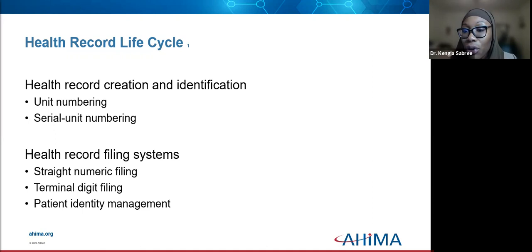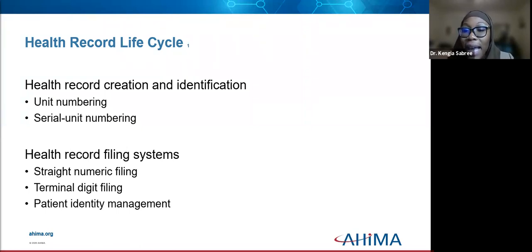As discussed earlier, the health record is created when the patient is first admitted into the healthcare facility, right? Every patient is assigned a unique identifier, and then the health record is initiated with the collection of admissions data, or registration information.